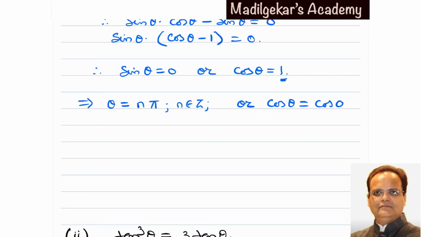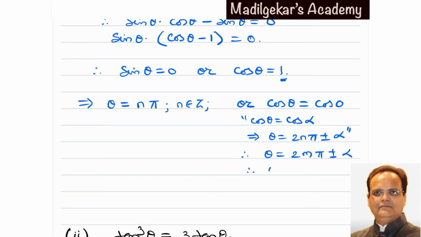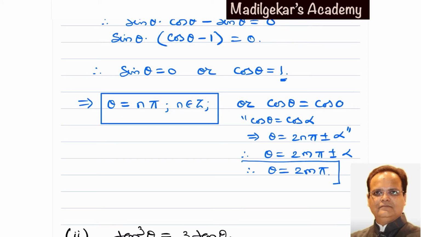Here you will apply the formula: cos theta equals cos alpha implies theta equals 2n pi plus or minus alpha. So using this, we get theta equals 2m pi plus or minus alpha, means theta is 2m pi. So we get solutions as theta equals n pi and theta equals 2m pi.